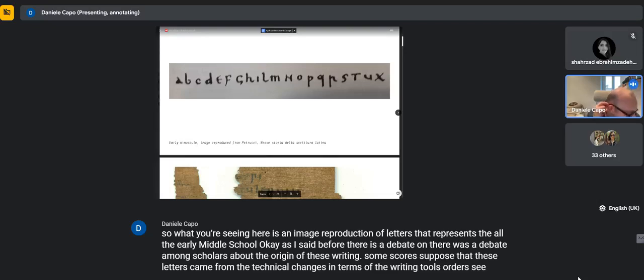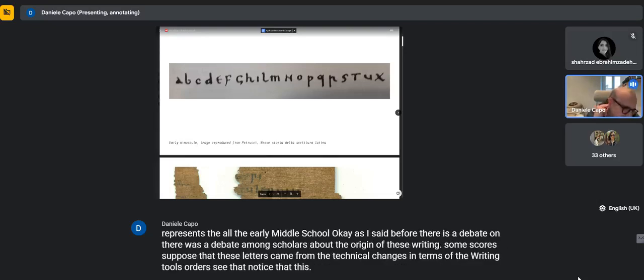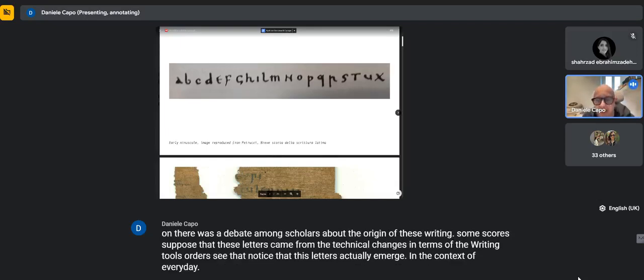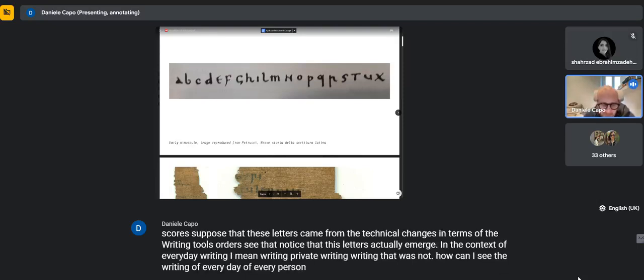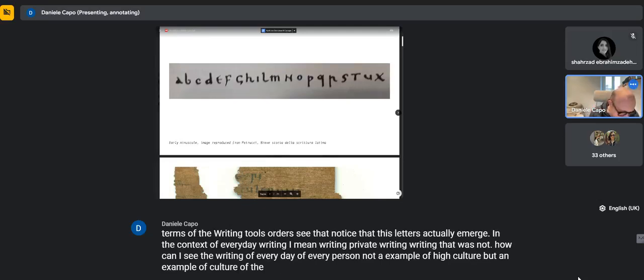Others notice that these letters actually emerged in the context of everyday writing, private writing, the writing of every person, not an example of high culture, but an example of culture of the people.